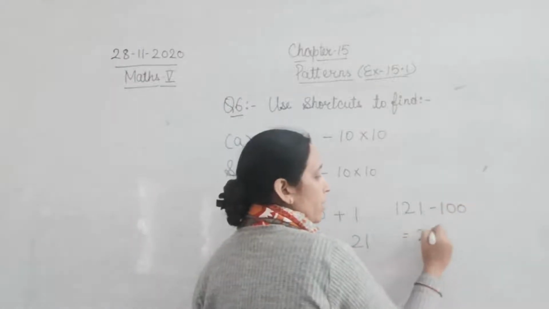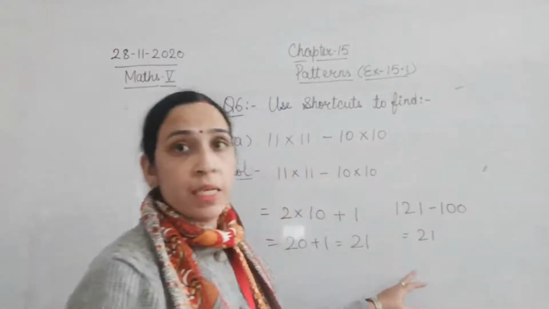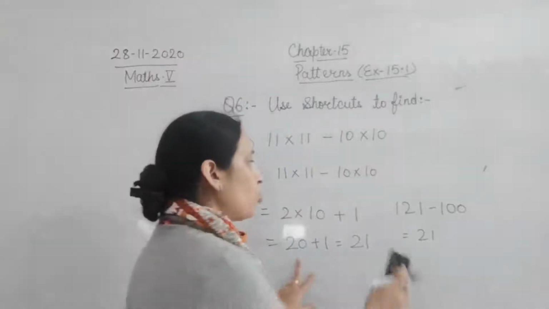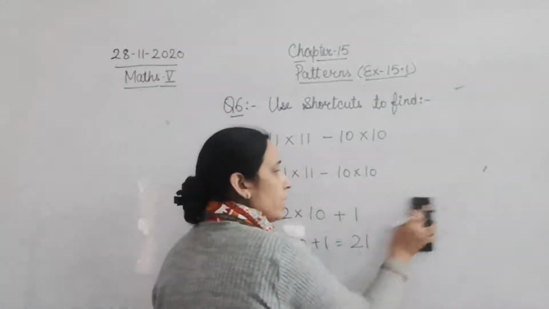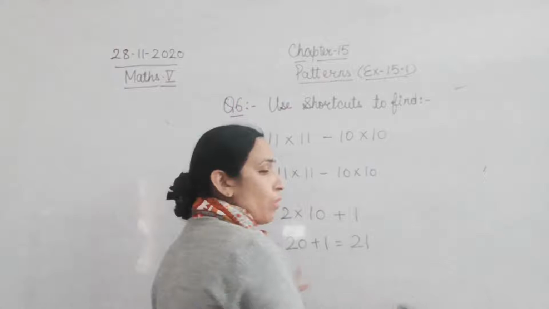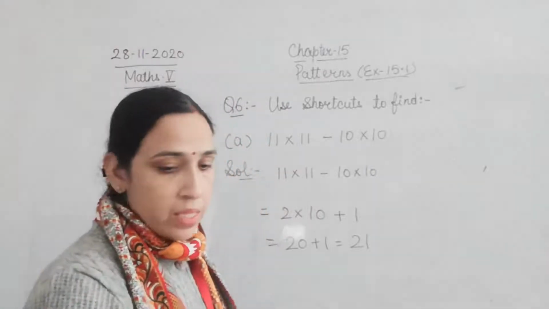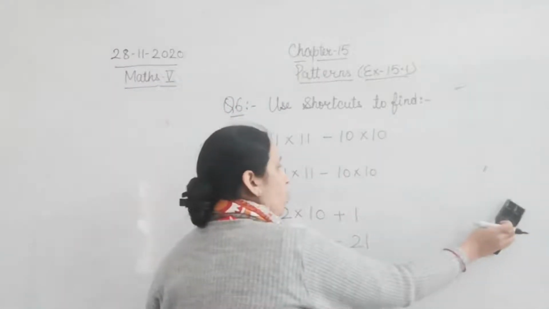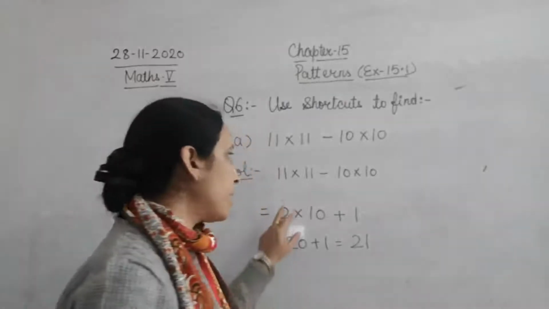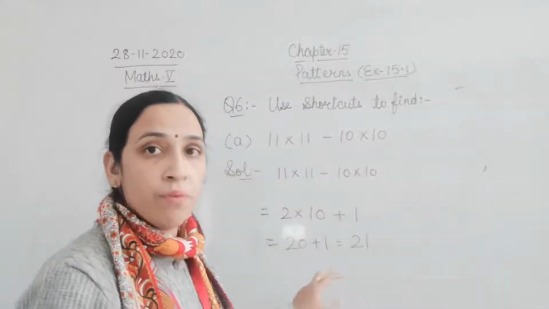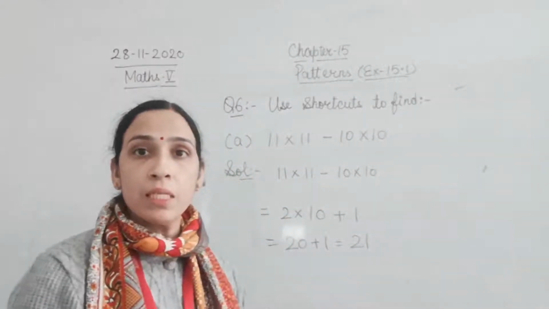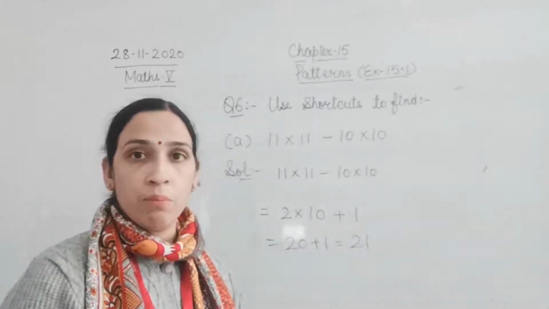You will get 21 only. But this is the shortcut method to find the difference between any two square numbers. This is the shortest way to find the difference between the squares of two numbers.